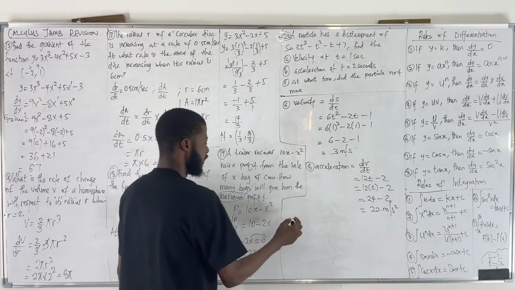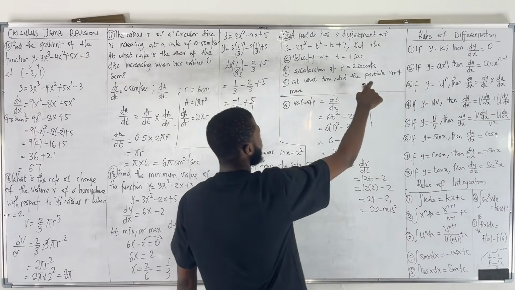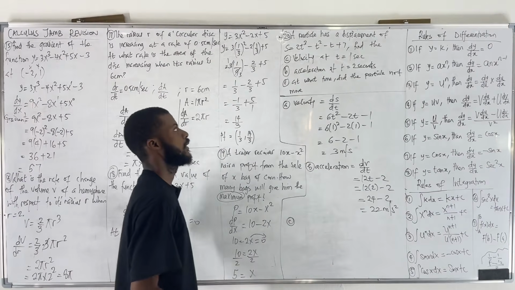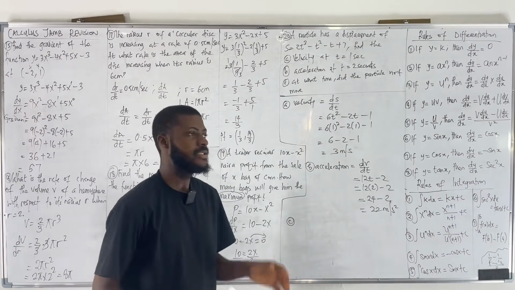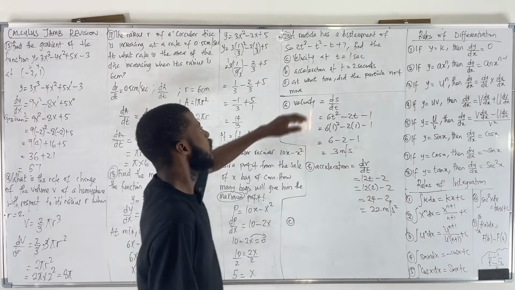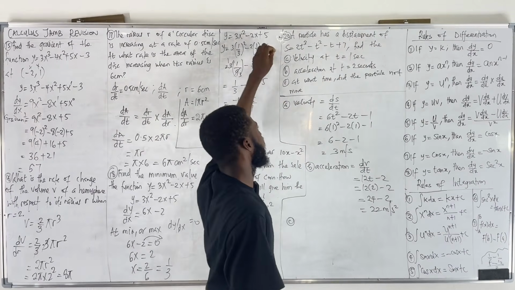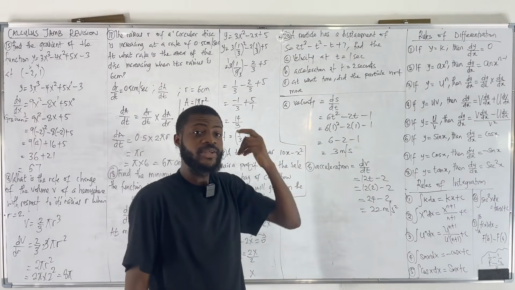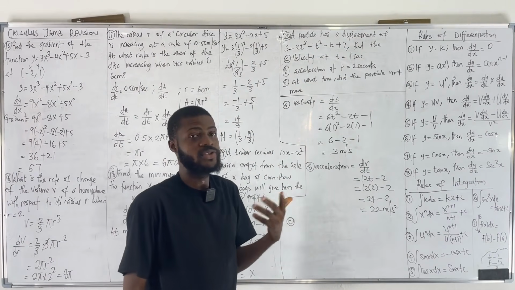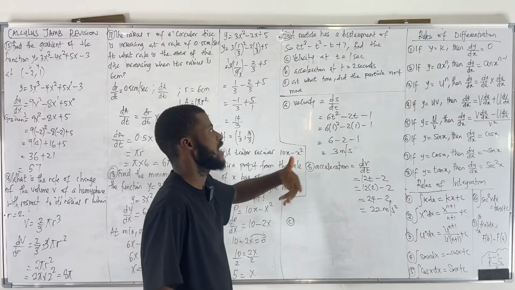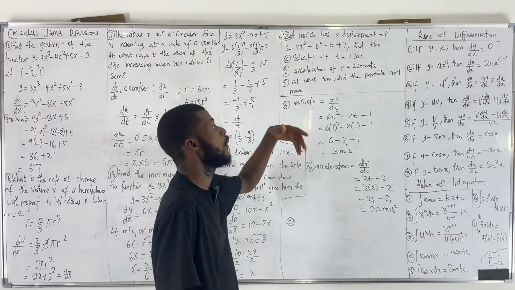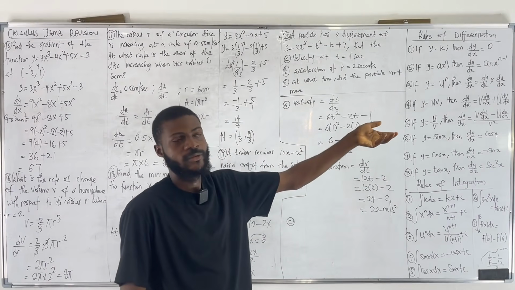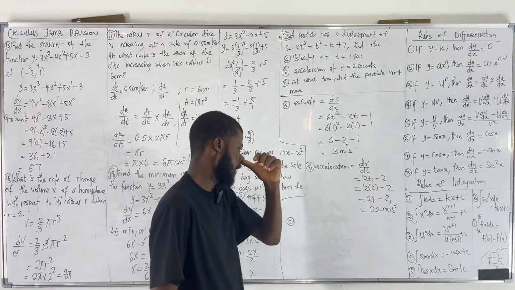Now next is C. At what point is the particle stationary? Now ideally, the displacement here is an equation of distance. So logically, the body is not moving. The body first has to move before we then say it is not moving at some particular point.